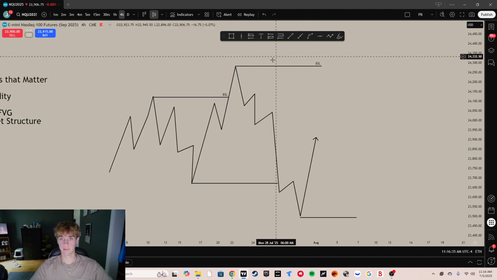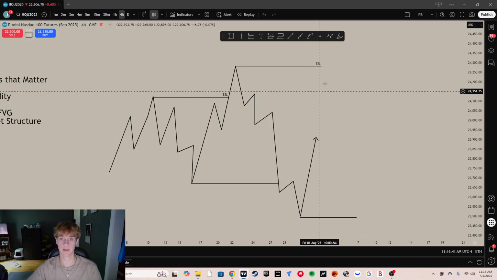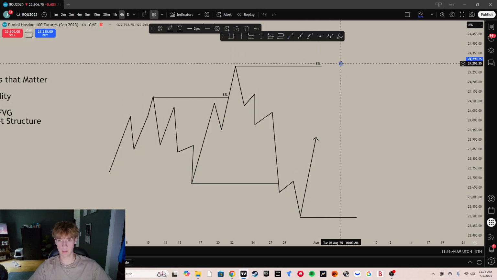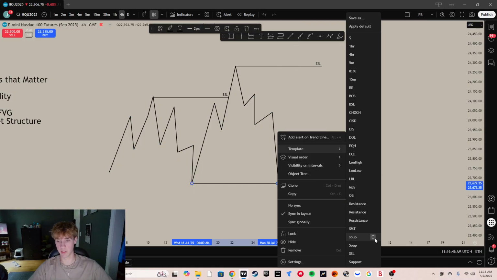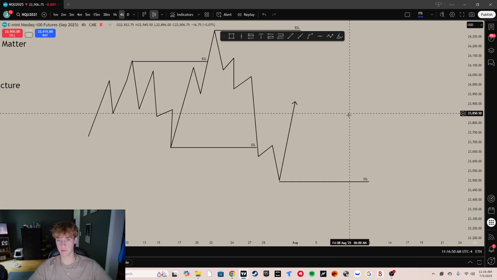This here, this is your buy side liquidity. This is the liquidity which is sitting above where price is at currently. Down here, this is where your liquidity is resting below. And it's that simple as well.